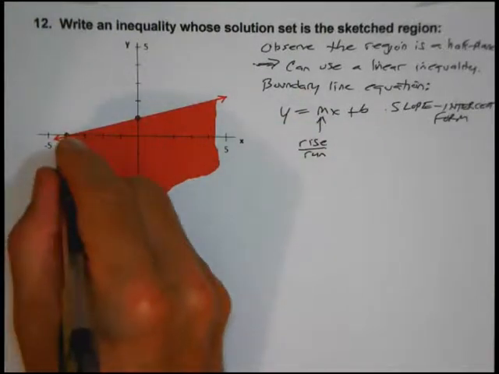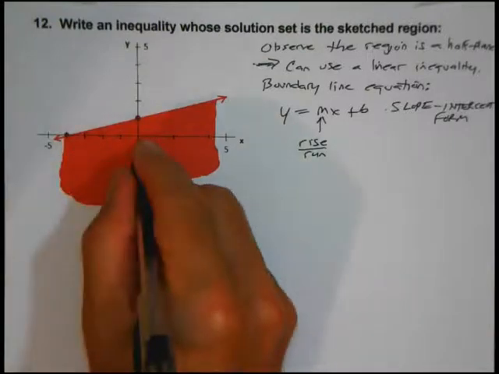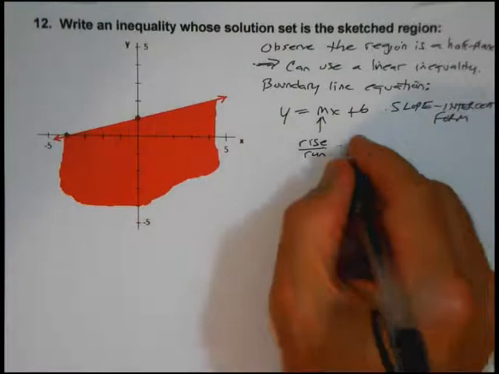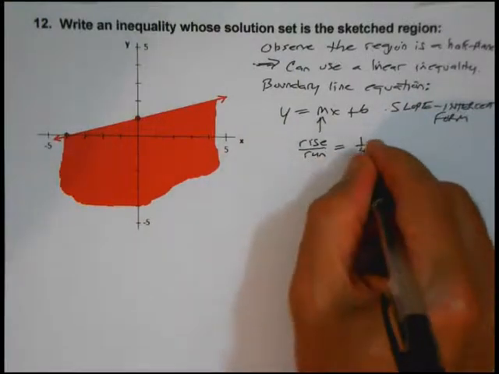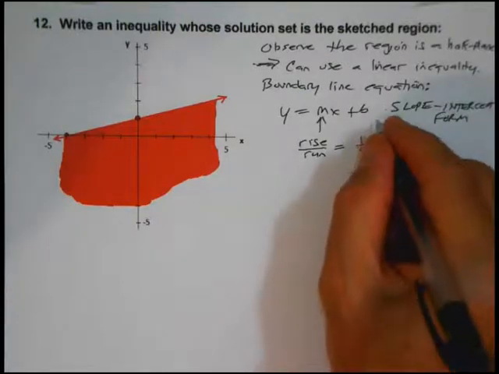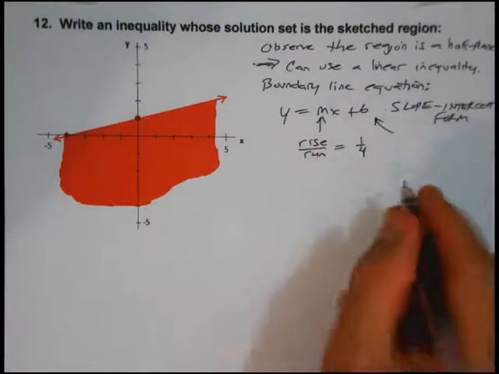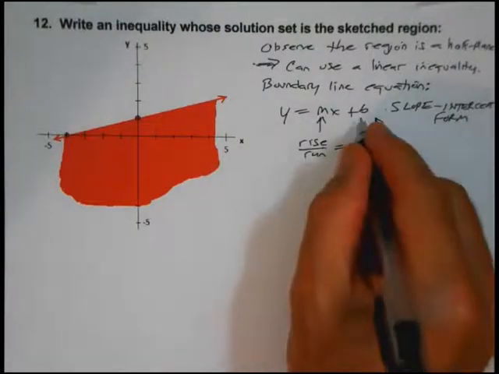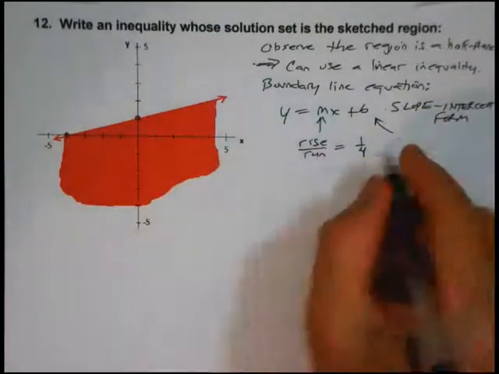As we go from here to here, the rise is 1, the run is 1, 2, 3, 4. So 1/4 is the slope, that's m. What about b? b is the y-intercept. That's why this is called slope-intercept form, and that is a 1.